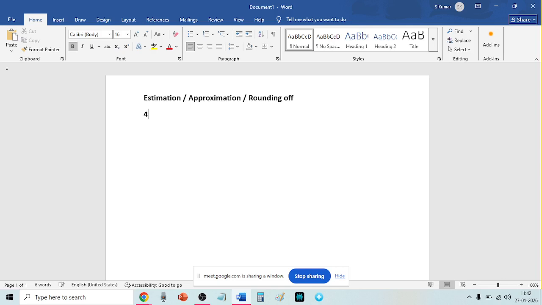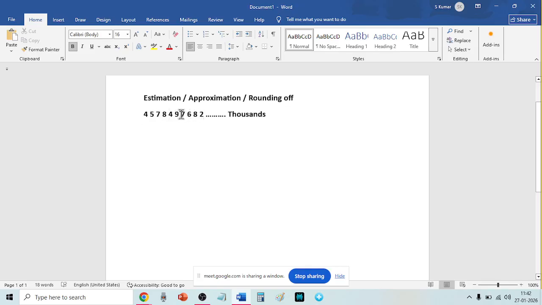So 4, 5, 7, 8, 4, 9, 7, 6, 8, 2. Supposing we are doing it for thousands. So which is the thousands digit? Units, tens, 100, 1000.